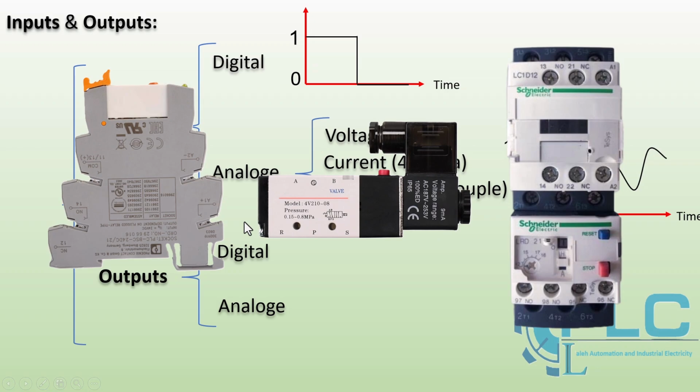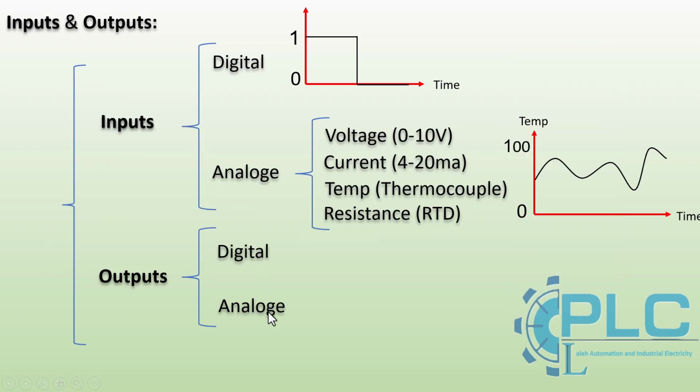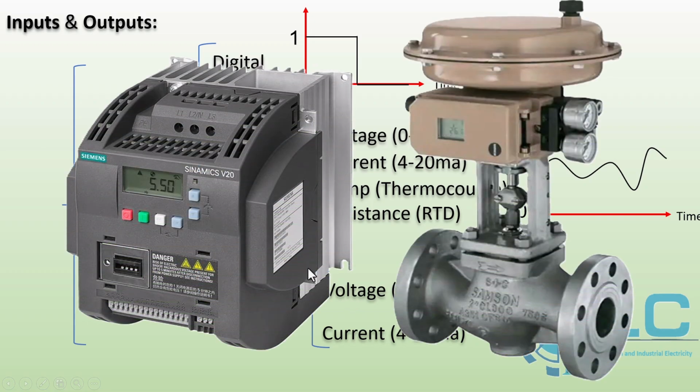Now, let's move on to analog outputs. Unlike digital outputs, analog outputs do not have just two fixed states. These outputs provide continuous control signals that vary in value to control devices precisely. Examples of analog outputs: voltage-based outputs, for example 0 to 10 volt, used to control devices like variable speed drives, adjusting the speed of motors.